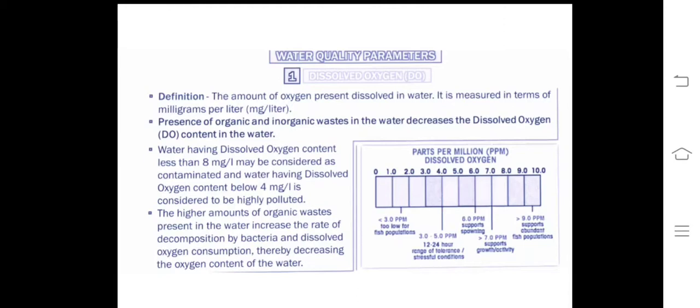So simple to understand. And you know there is a lot of inorganic and organic waste present in the water. So microorganisms need oxygen, because we know combustion takes place in the presence of oxygen. Aerobic decomposition. I told you there can be two kinds of decomposition, aerobic and anaerobic.